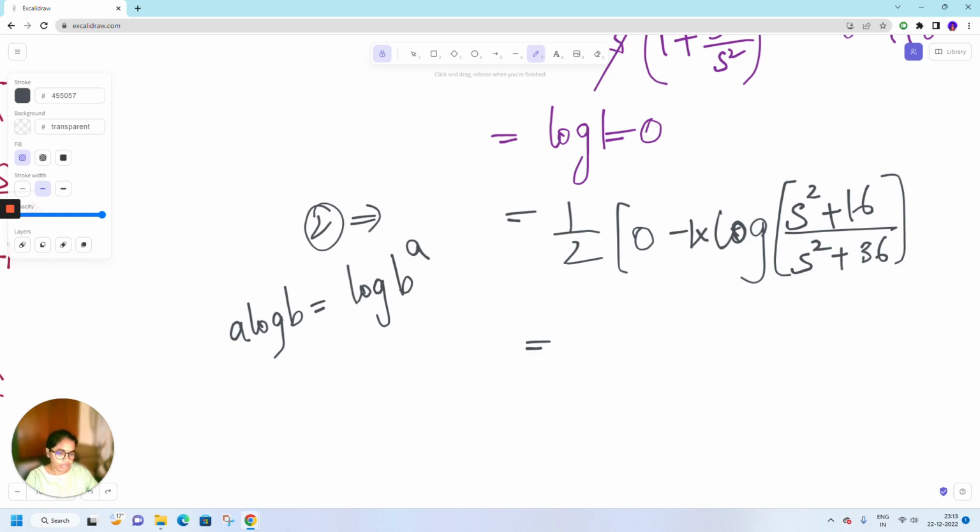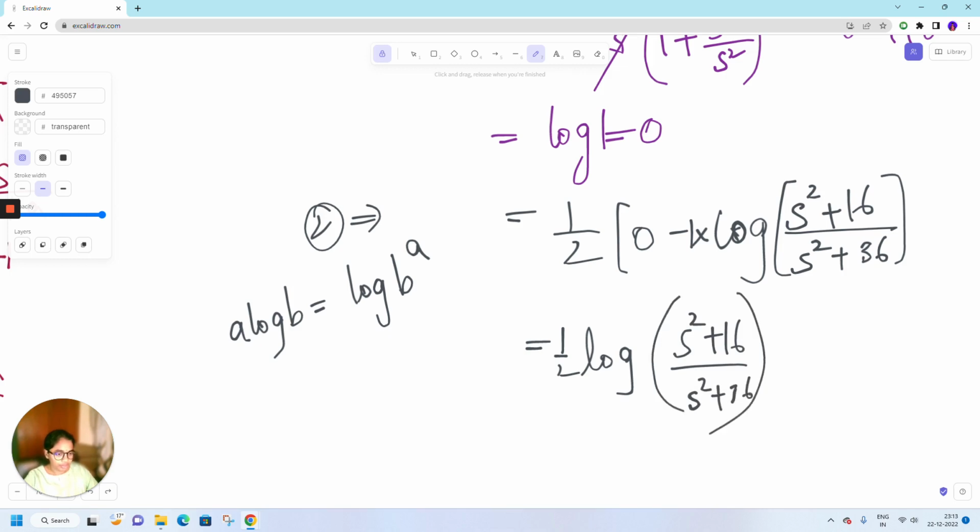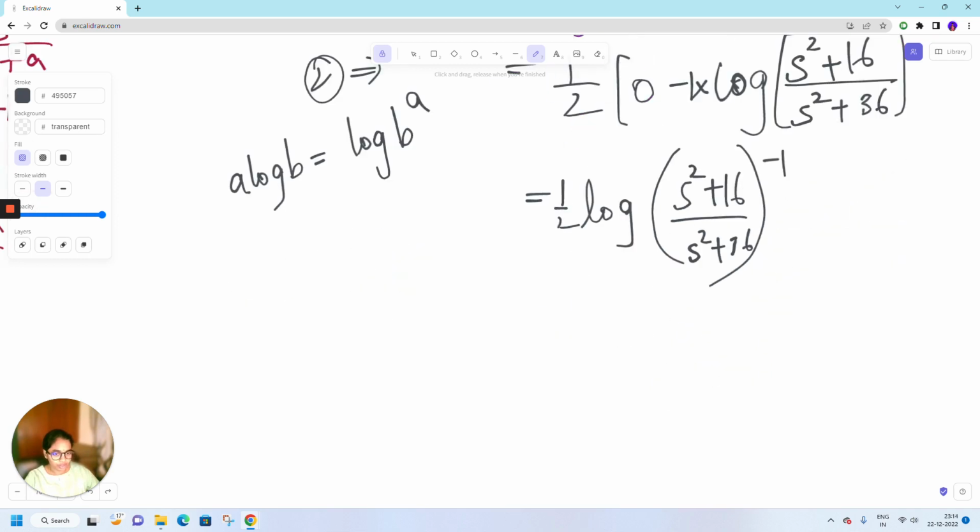So I'll write it as log of (s square plus 16 divided by s square plus 36) to the power minus 1. So this would become half log of s square plus 36 divided by s square plus 16.